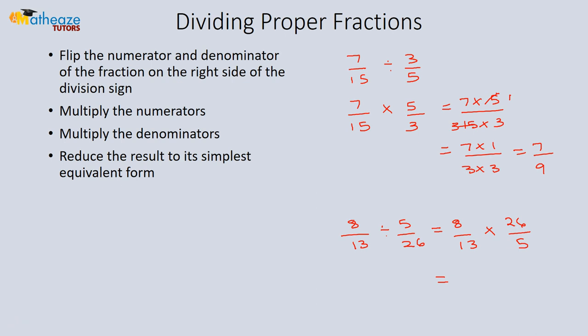So this is going to give us 8 times 26 over 13 times 5. So this is 1 here, 2, this is 16 over 5, which is going to give us 3 and 1 over 5.